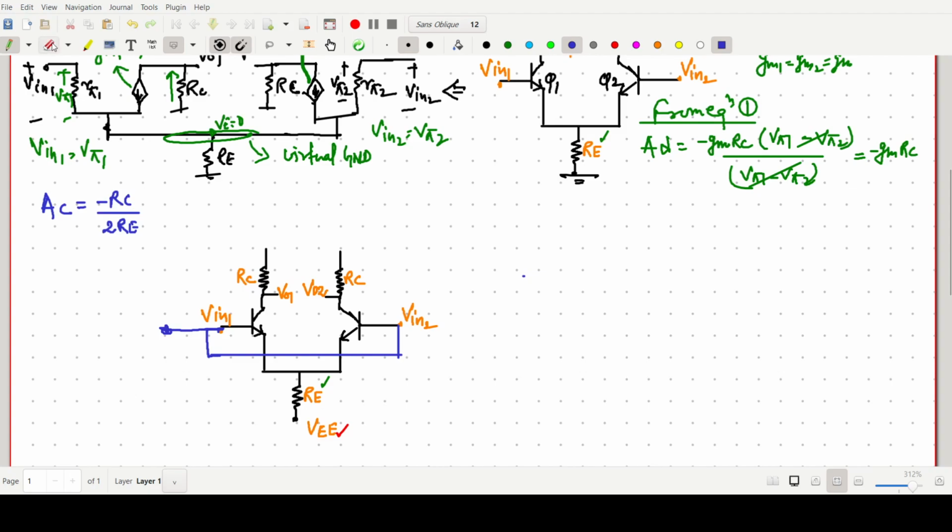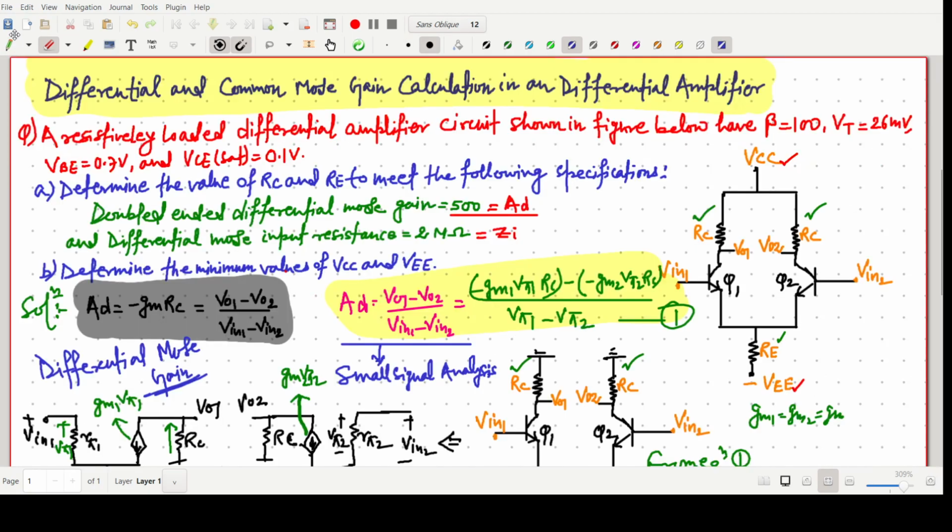So we can say this one is nothing but simply our V in, and this in will be grounded, and this in also grounded.